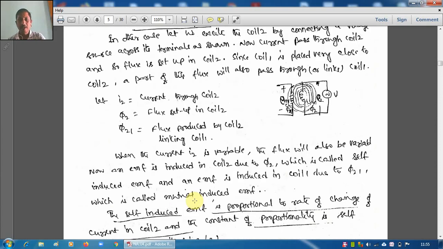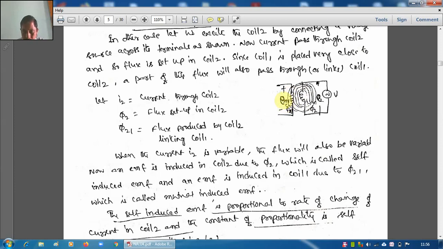In a similar manner, if current is given to coil 2, in coil 1 EMF is induced. This is also mutual induced EMF, and that EMF is due to mutual inductance M21. Because of coil 2, EMF is induced in coil 1.